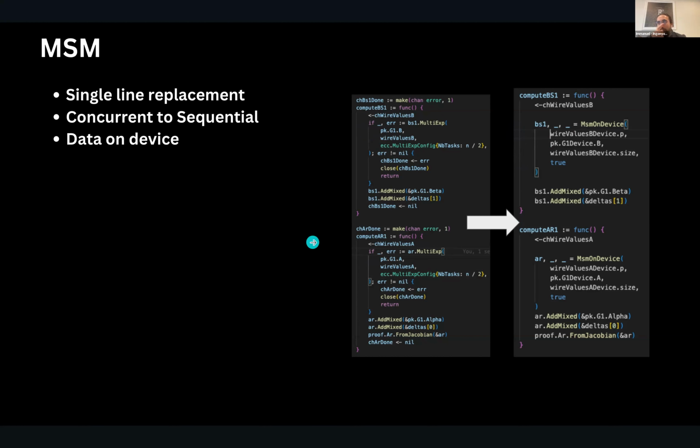Now, a couple points about MSM. MSMs are extremely memory intensive. Because we have all these points on the GPU, we found that we cannot run multiple MSMs in parallel on a single GPU. So we do MSMs sequentially and not in parallel like they were done on CPU, but we still get a performance boost.